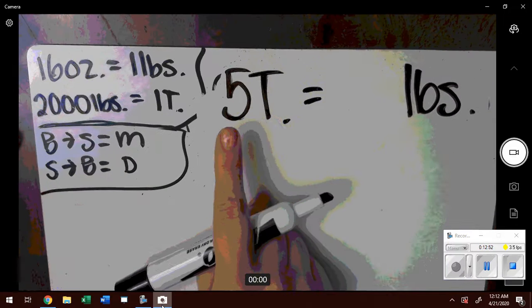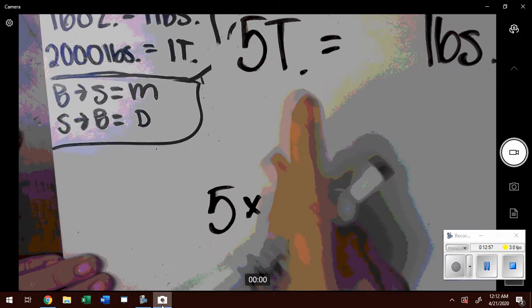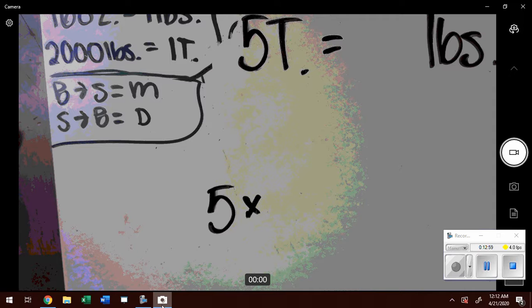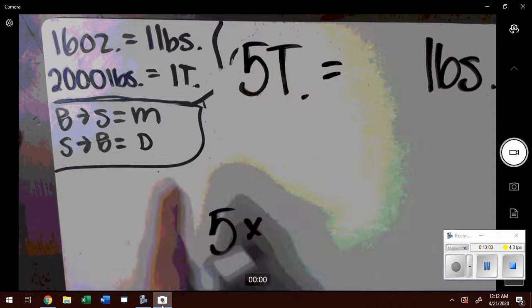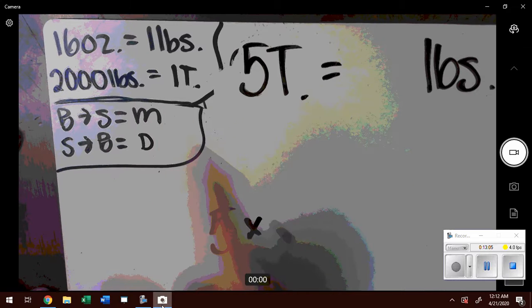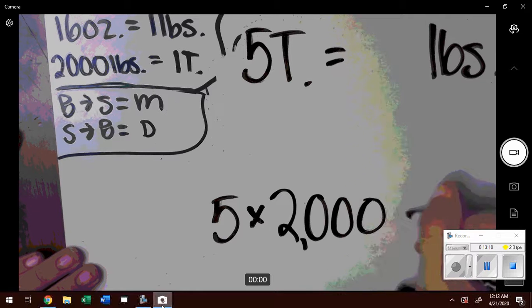I am going to multiply my 5, the amount of tons I have, times the amount of pounds per ton. So I know that there are 2,000 pounds in 1 ton, so I'm going to take 5 times 2,000.